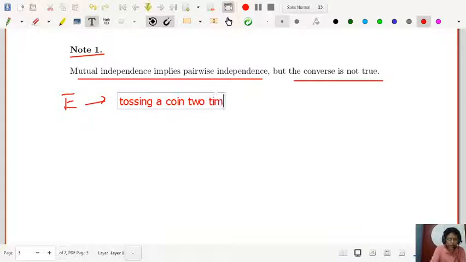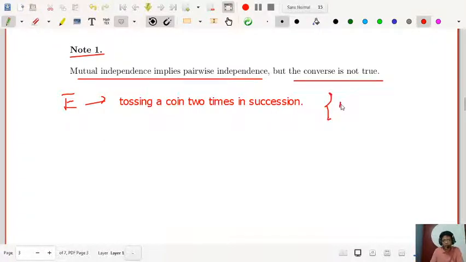Okay, so this is the experiment, and the sample space will be head head, head tail, tail head, and tail tail, right? This is your sample space, where H denotes the head and T denotes the tail.